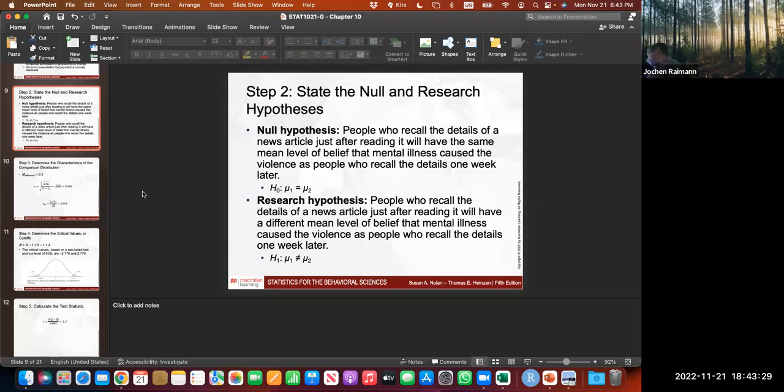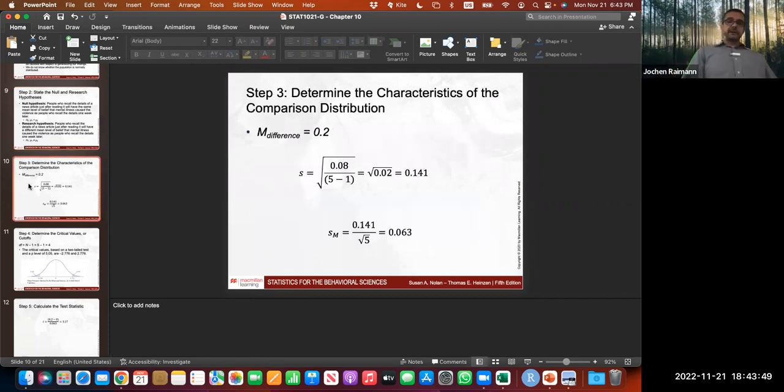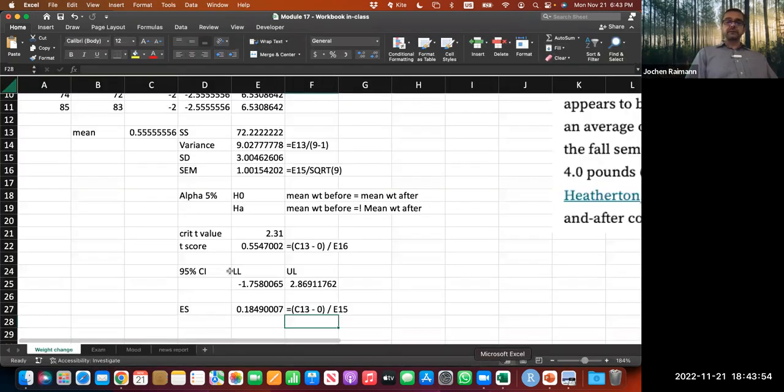Immediately after reading the article, people were less likely to perceive this as being associated with mental health and mental illness. Whereas if they tested the same sample again a week after, they were more likely to associate it with mental illness. And the calculation they're doing here is based on data that we have.